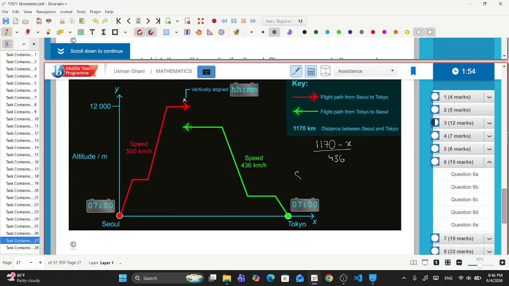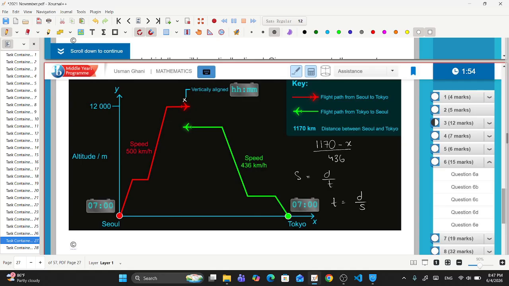You know that speed equals distance divided by time, right? So time equals distance over speed. The distance between Seoul to Tokyo and Tokyo to Seoul is going to be the same without a shadow of doubt. So t equals distance divided by speed. Distance is 1170 minus x divided by 436 with reference to the plane from Tokyo.